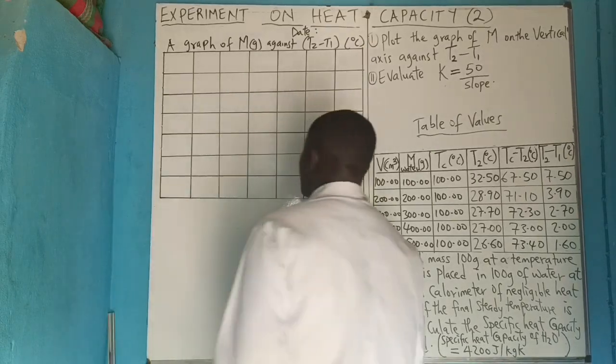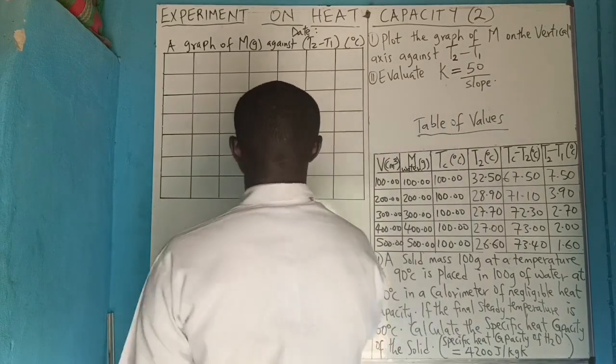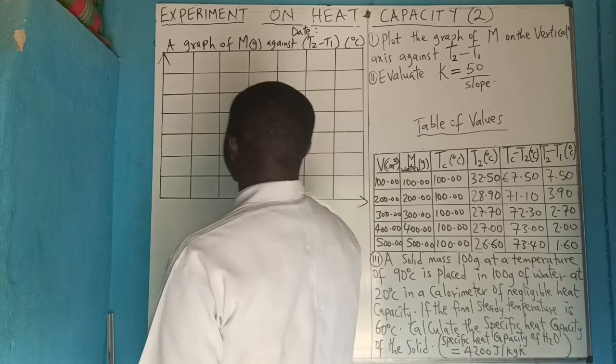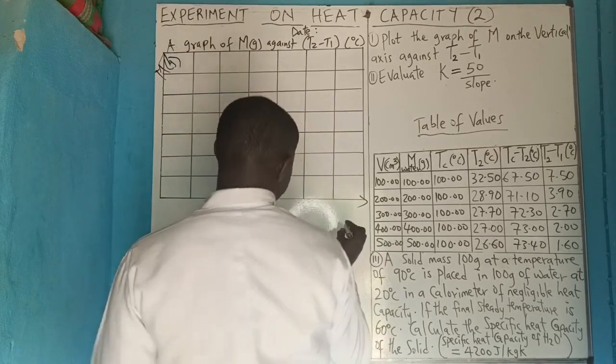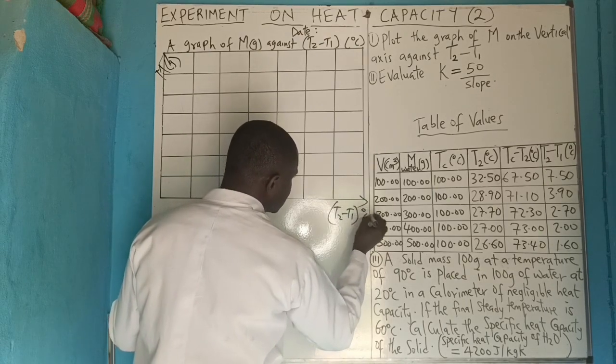Once you are done with that, looking at your values, label your Cartesian axis. This is M in gram. This is T2 minus T1 in degrees Celsius.